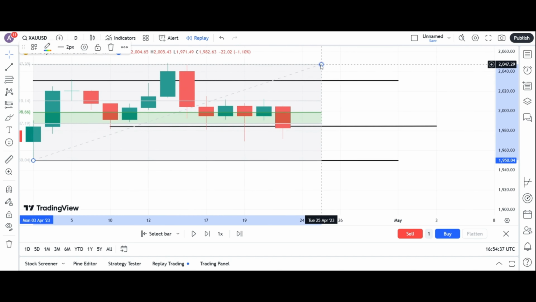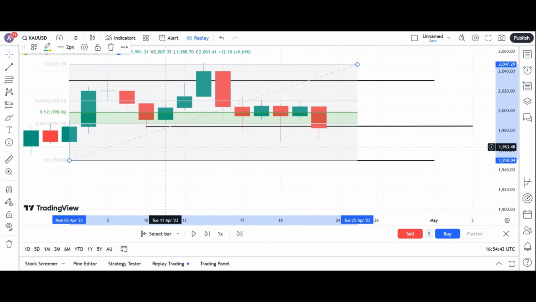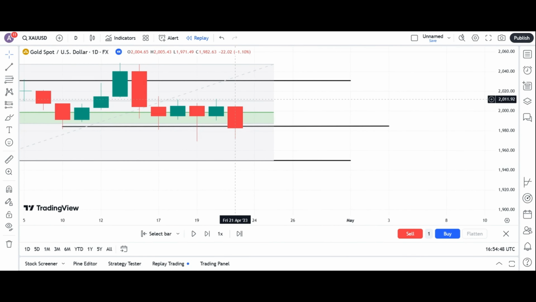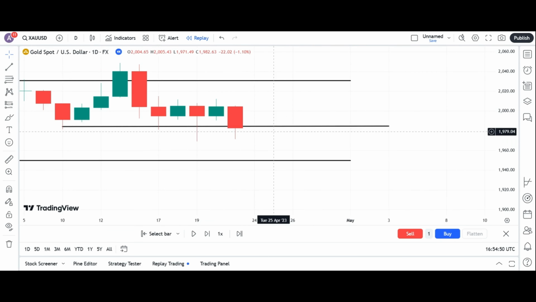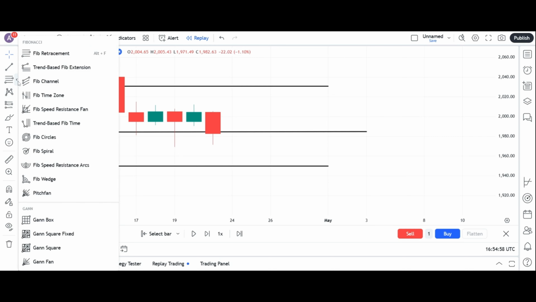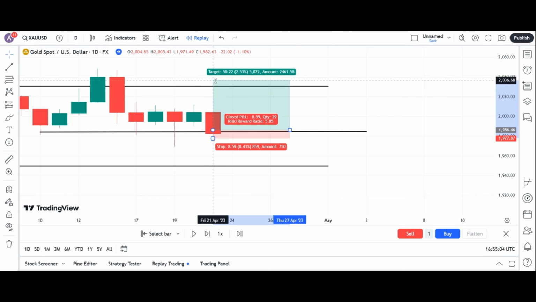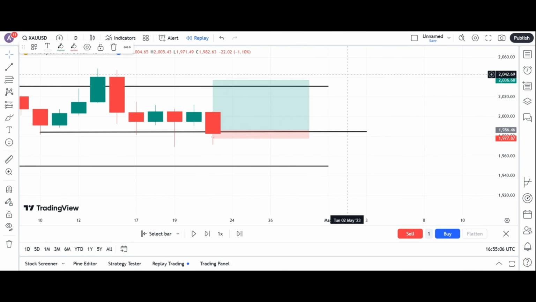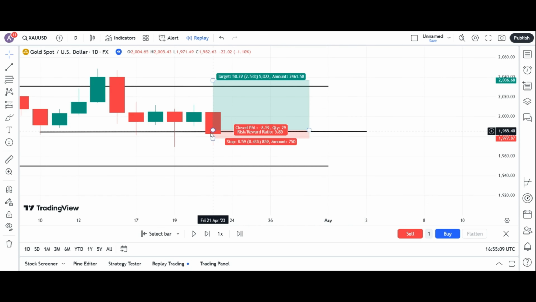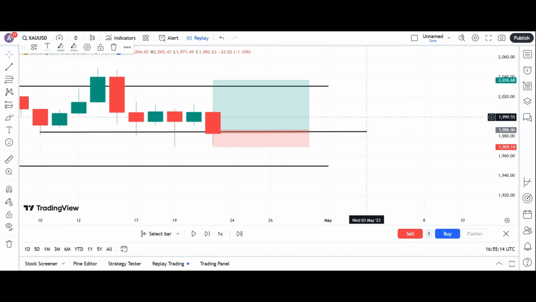The last candle approximately touches the lower point of 382, and it shows that it is a good point if you want to go for a long position. And if we open the long position here, we can expect the price to go a little higher than the highest point of the first candle, and we put the stop loss a little lower than the lowest point of this candle.